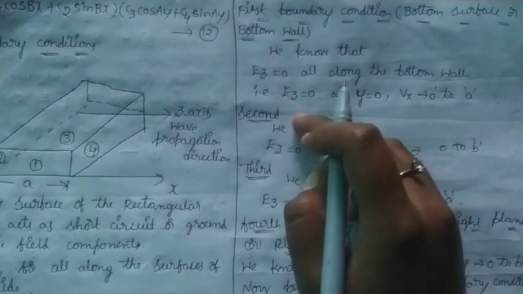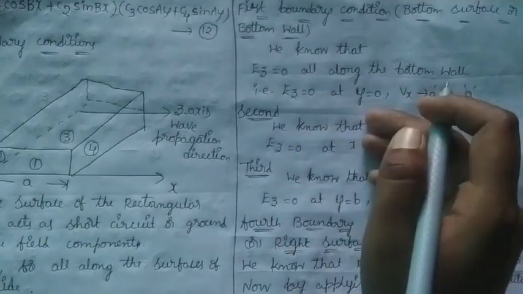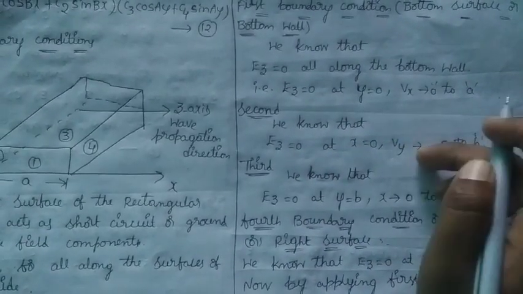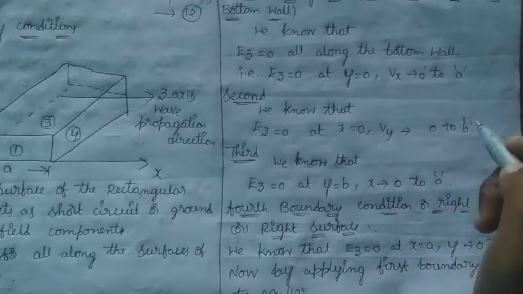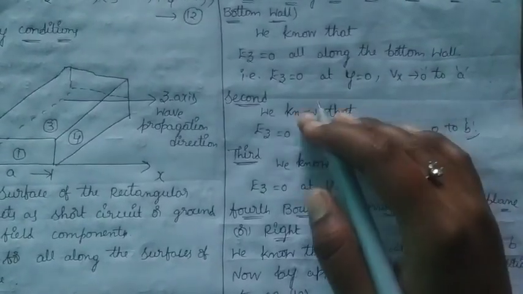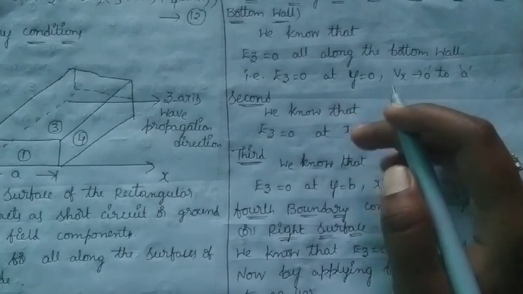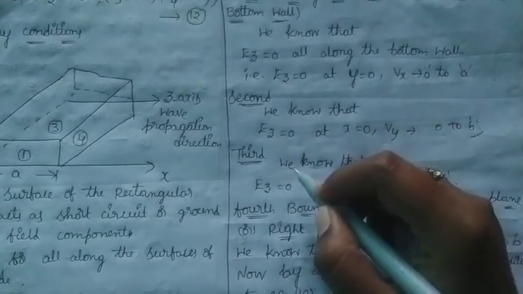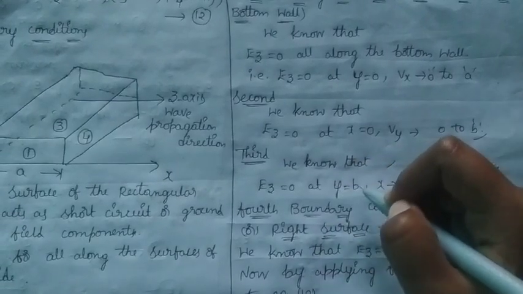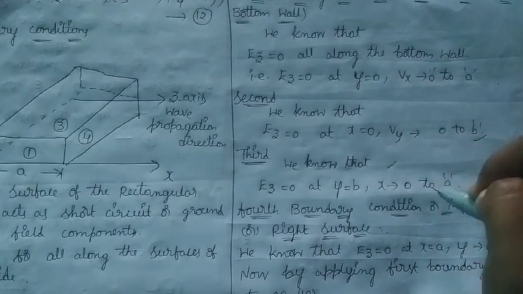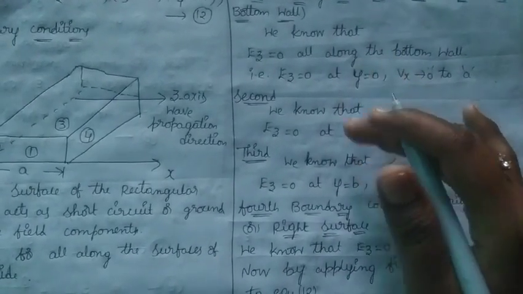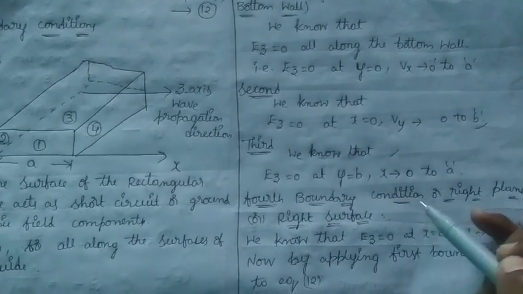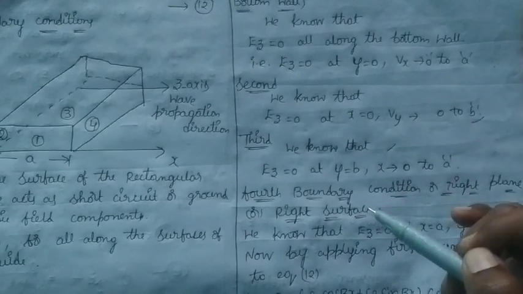And the second boundary condition is, we know that Ez is equal to 0 at x equal to 0, for y from 0 to b. And the third boundary condition is Ez is equal to 0 at y equal to b, for x from 0 to a. And the fourth boundary condition is the right plane or right surface.